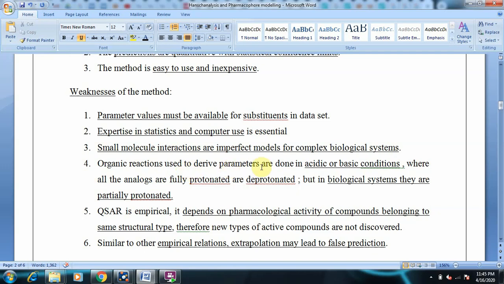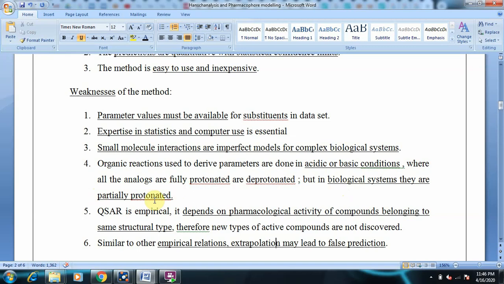Organic reactions used to derive parameters are done either in acidic or basic conditions. Whatever parameters we are deriving are obtained in acidic or basic conditions. And if we are doing the reactions in acidic or basic conditions, the compound should be either fully protonated in acidic condition or deprotonated in basic conditions. But in biological systems, they are partially protonated. Whatever parameters we are deriving, we are doing in experimental lab conditions, and those conditions will be either acidic or basic.